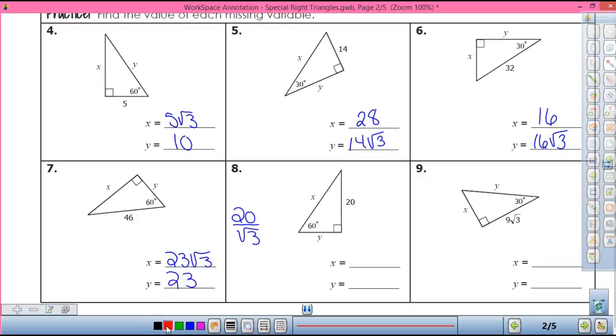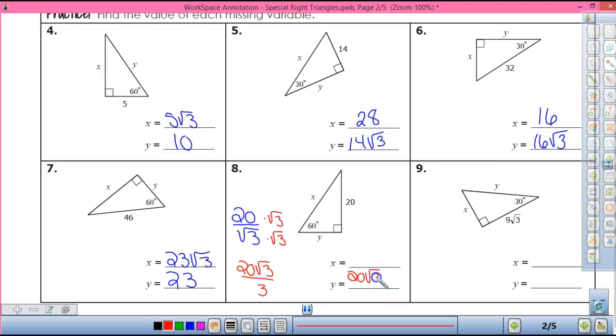What do I have to do? Multiply the top and the bottom by the square root of 3. So on the top I get 20 times the square root of 3 over 3. Is that x or y? That's y.